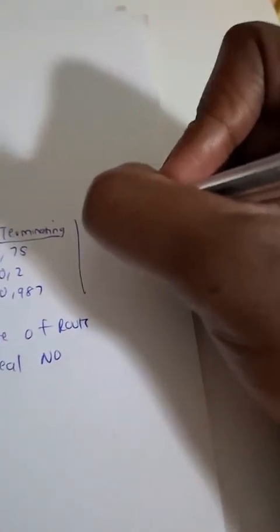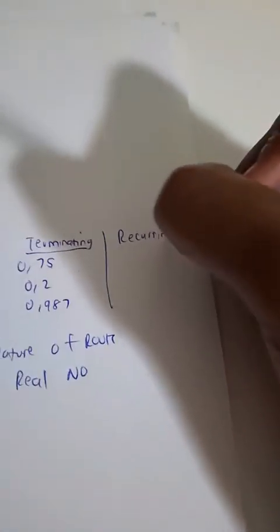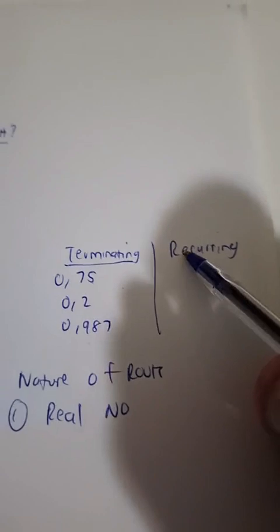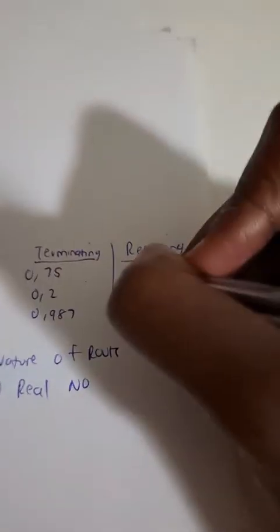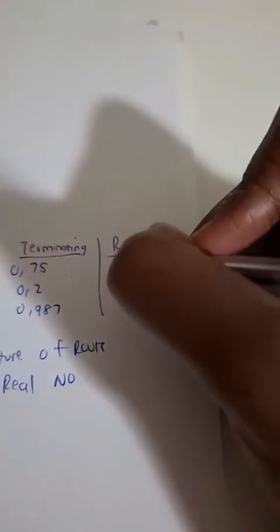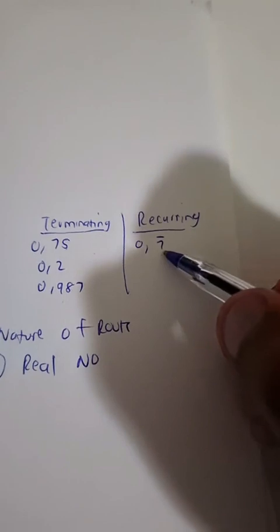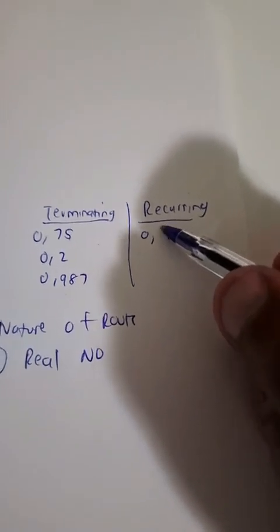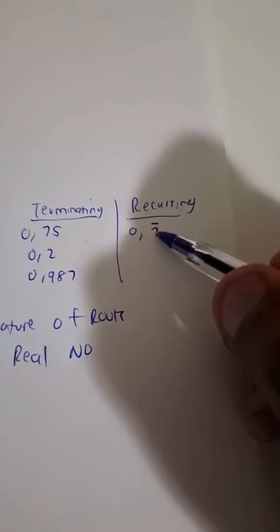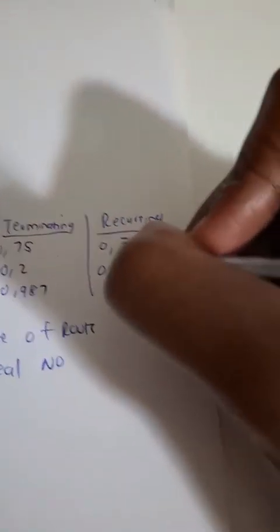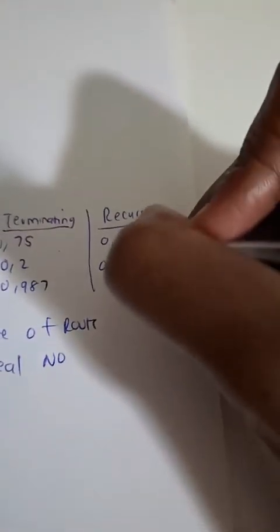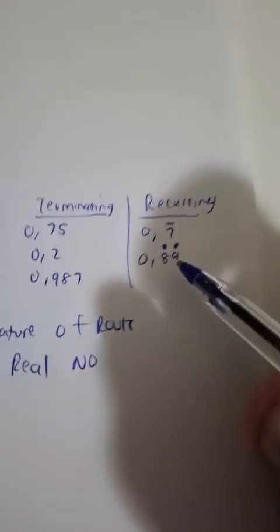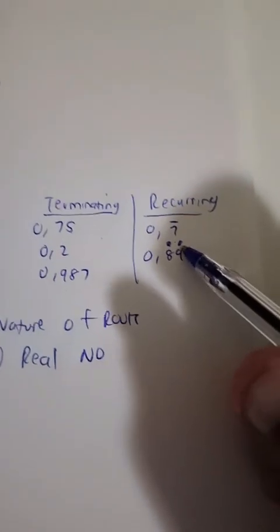Or they can fall under a second category, which is recurring decimals. Recurring decimals are numbers that have a repeating digit after the comma. It's either a single digit repeats, and you usually see a horizontal line above the number that repeats, or you could see dots above the numbers that repeat.